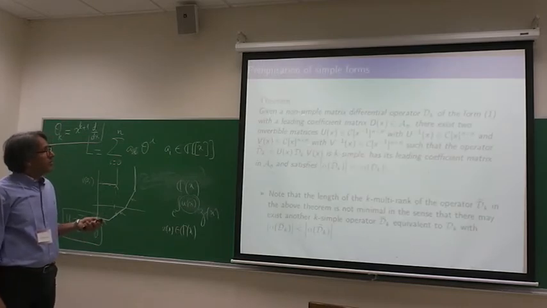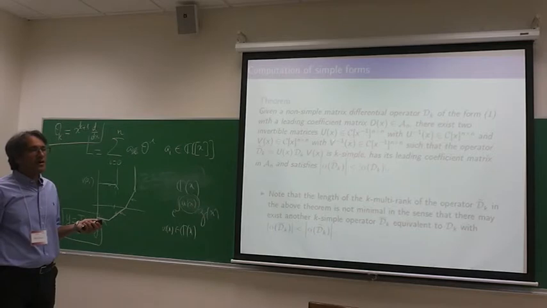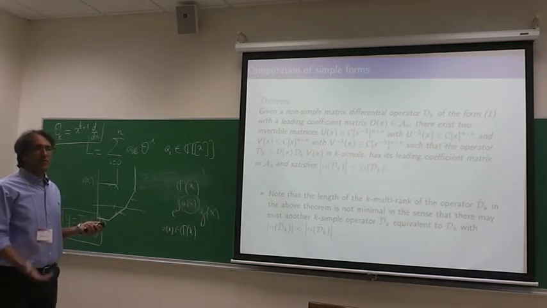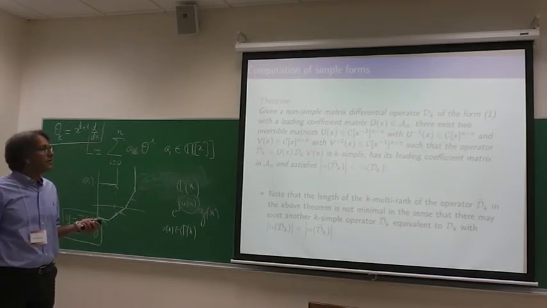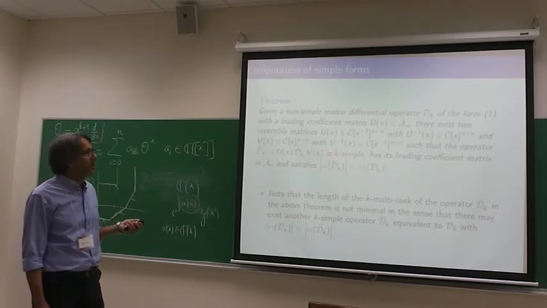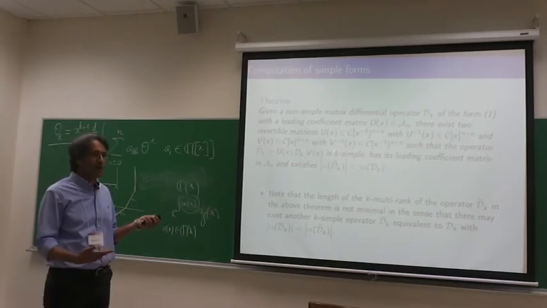So the main theorem is the following: given a system of the form I mentioned before, there exist two invertible matrices U and V that we can construct. They are supposed to be formal power series, but in fact they are polynomials. The first one, U, is a polynomial in 1 over x, and its inverse is a polynomial in 1 over x, which means its determinant is again a polynomial.